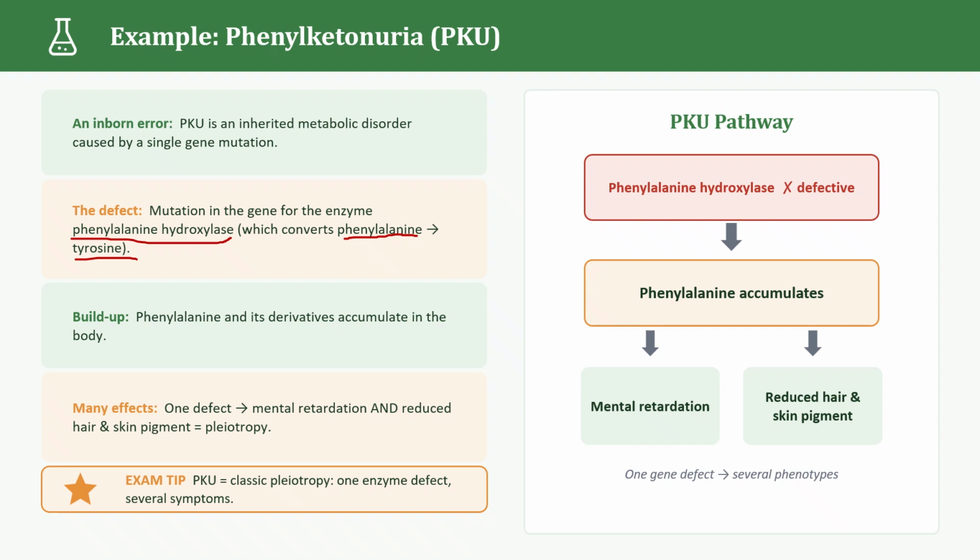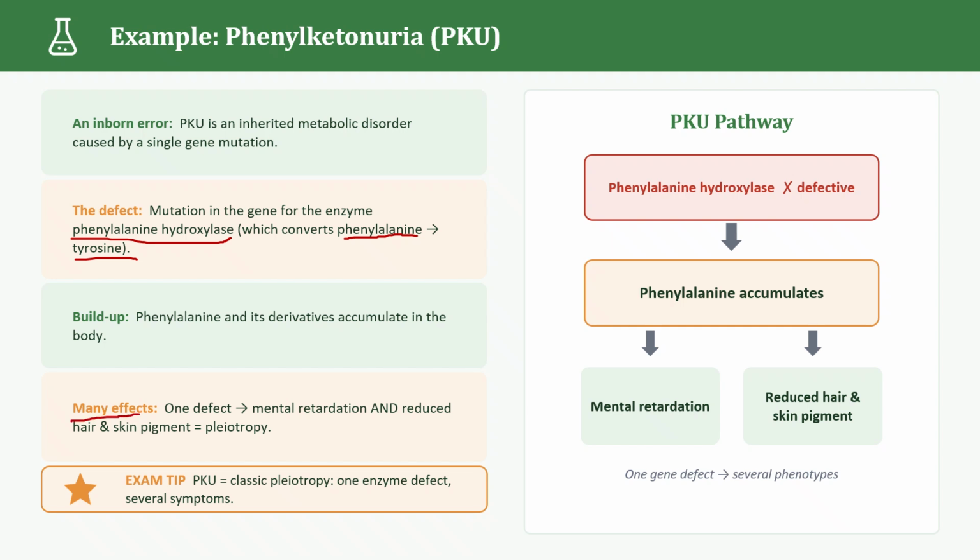So what happens in PKU? Due to the mutation, the enzyme becomes defective or absent. As a result, phenylalanine cannot be converted into tyrosine, and phenylalanine accumulates in the blood and tissues, and toxic byproducts are formed there. Let's see what the multiple effects are.